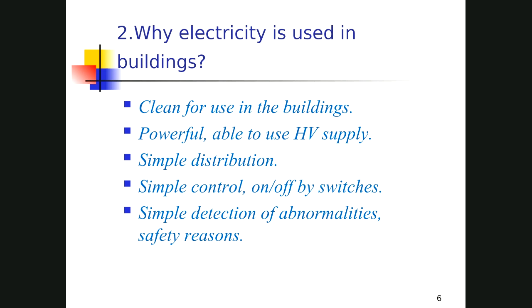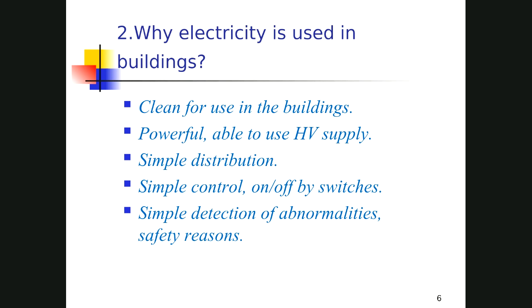Someone might ask why we should use electricity inside buildings. Why don't we use other types of energy? Of course, nowadays we use other types of energy, but 90% of the energy we use in buildings is still electricity. That's because electricity is clean for buildings.